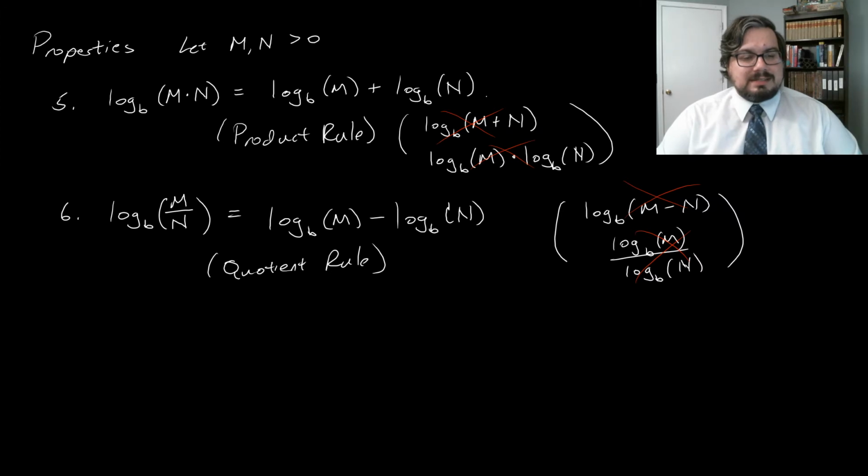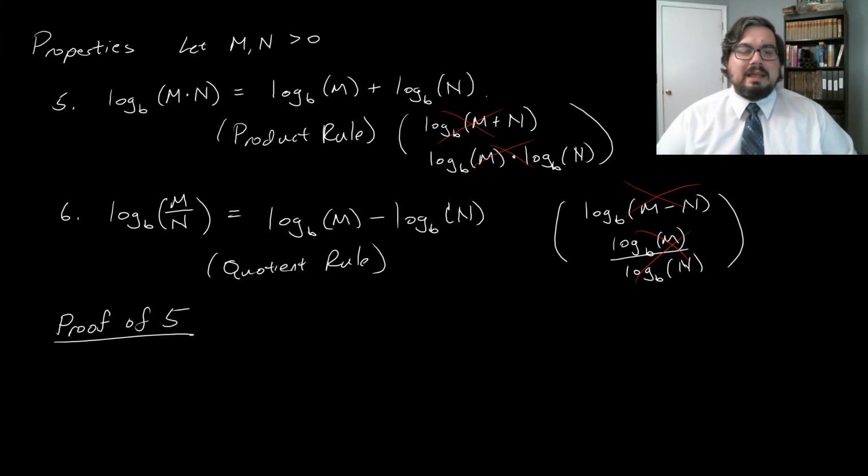All right, so let's see if we can prove 5. Let's see why it's the case that log base b of m times n would be log base b of m plus log base b of n.